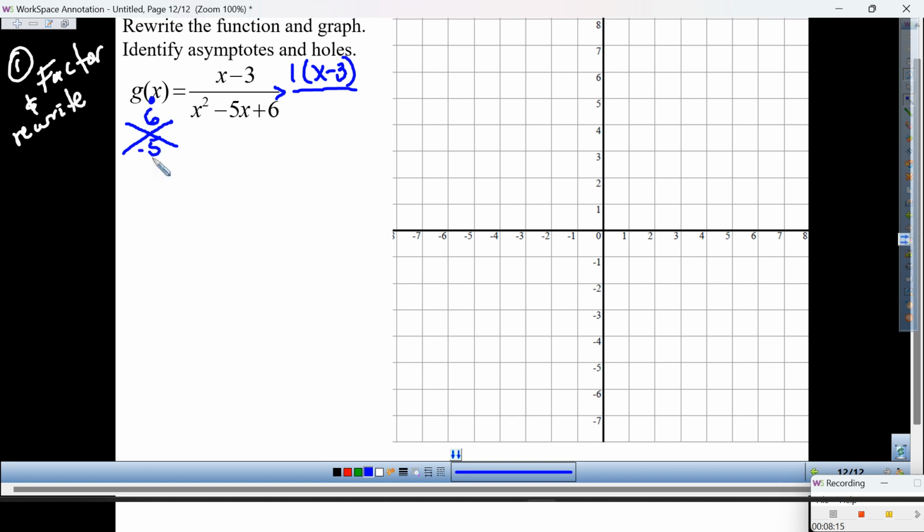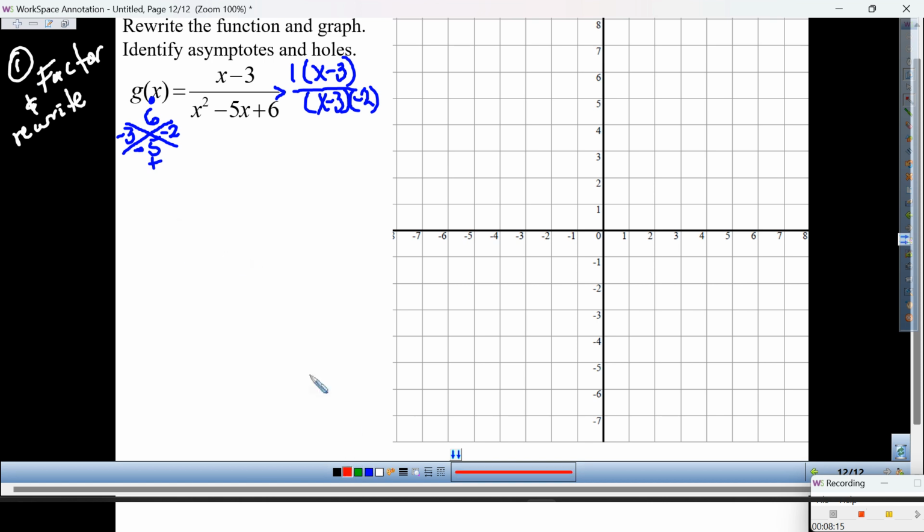Factors of 6 that add up to negative 5, everyone. Negative 3 and negative 2. So my factors are x minus 3, x minus 2. All right, so step 1 done.